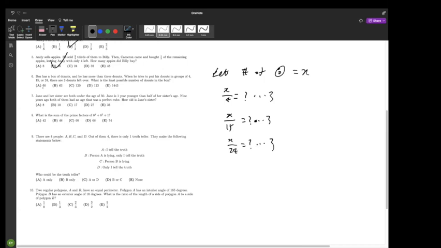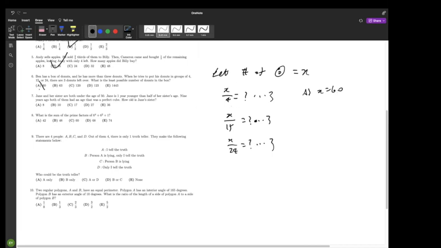We'll look at these answers and check them. Let's look at choice A. Choice A is 60, so let's substitute x equals 60. When x is 60, our first case is not satisfied, right?